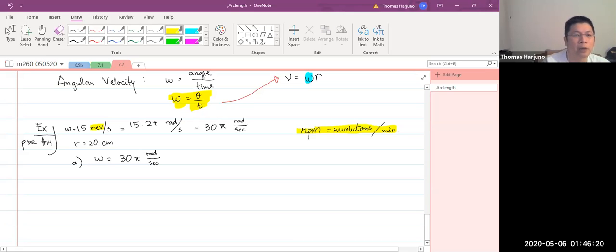That's for part A. Part B, the linear speed in units of centimeters per second. So v equals omega times r. That's 30 pi times 20. That's 600 pi centimeters per second.